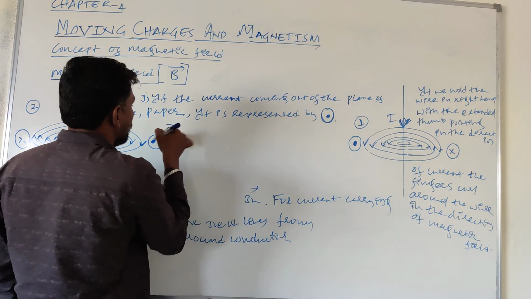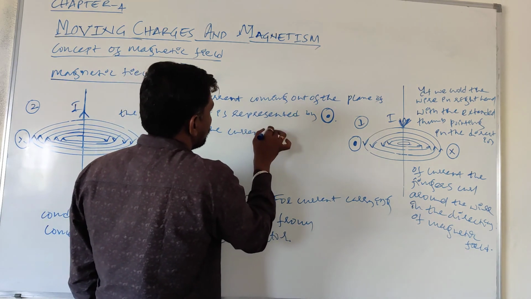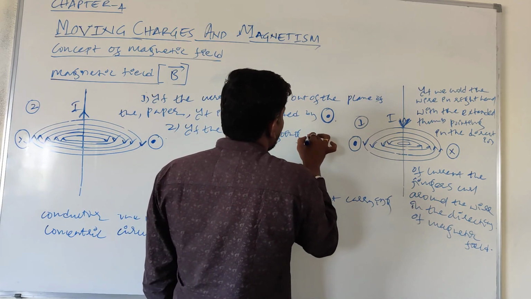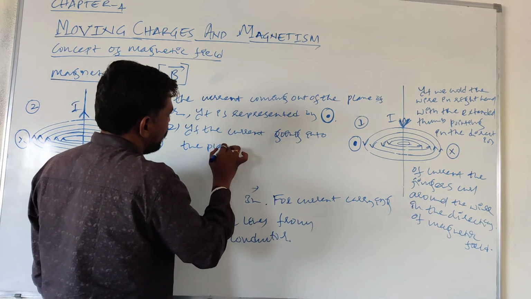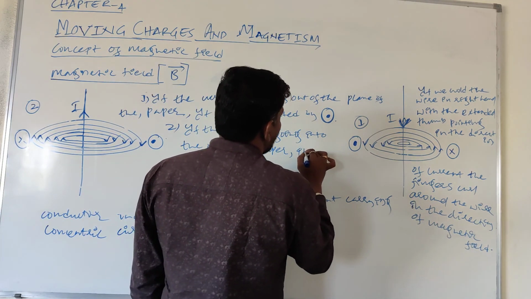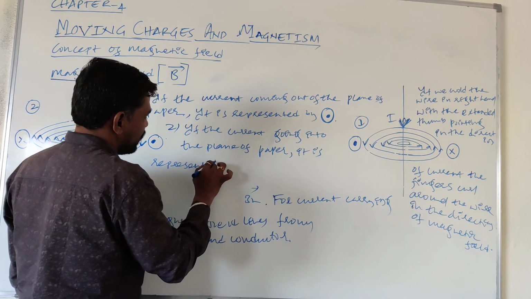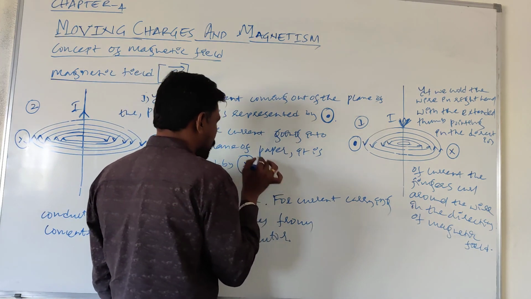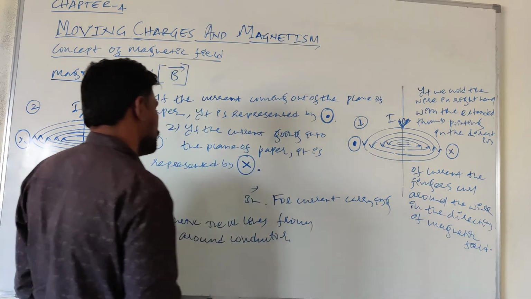Second one, if the current is going into the paper, it is represented by a cross in a circle.